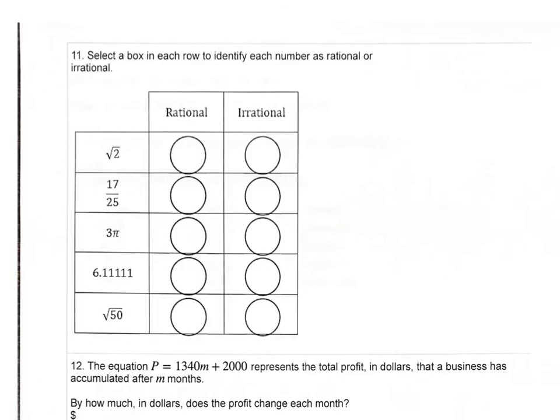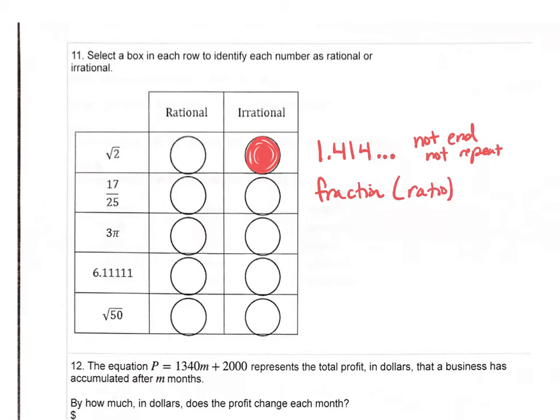Okay, number 11, rational or irrational numbers. We can go to a calculator if we're not sure. Square root of 2, that is 1.414 ... Does not end, does not repeat, so it is irrational. 17 over 25 is a fraction. That's a ratio. It makes it rational because it has the word ratio in it. 3 times pi.